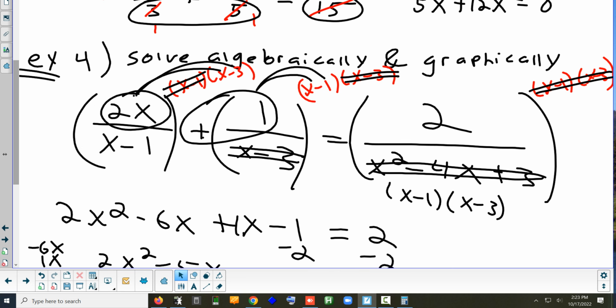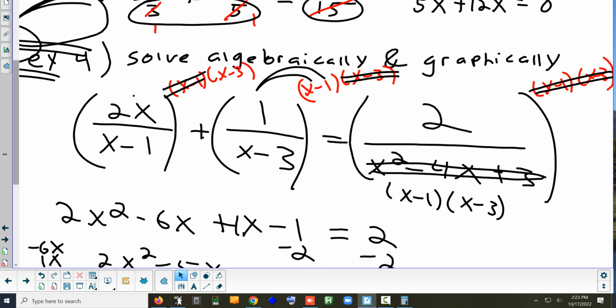Let me move away the stuff we added so you can see the original. So do both of those answers work? Negative 1/2 and positive 3. Could I plug them back in the bottom? Would you not be able to do 3? I cannot plug 3 in.